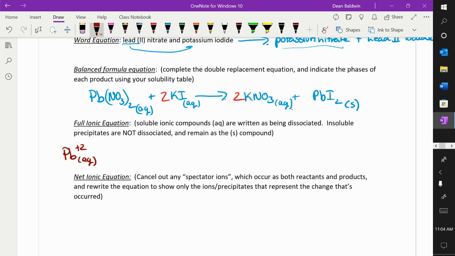The lead is dissolved in water, so it gets Pb2+ ions, lead ions, plus we get NO3 minus ions. You have to balance it. We have 2 of them. Plus we have potassium, and we have 2 of those, so 2K+ aqueous plus 2I minus aqueous.